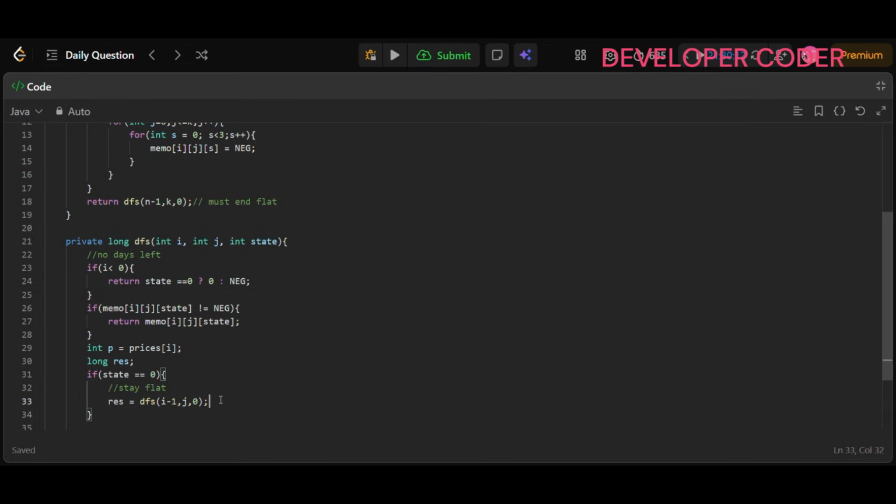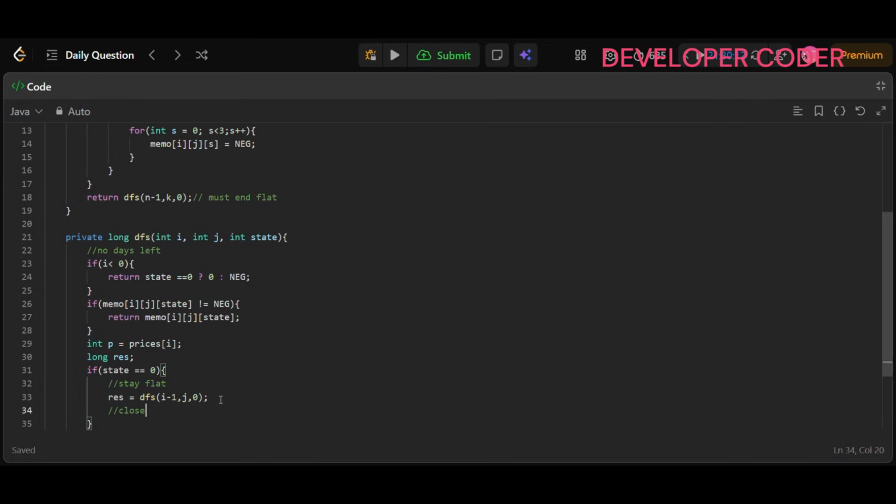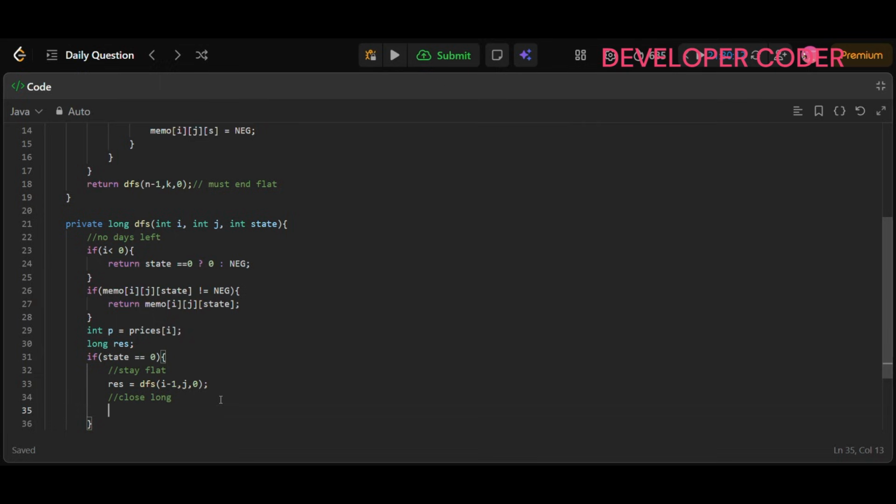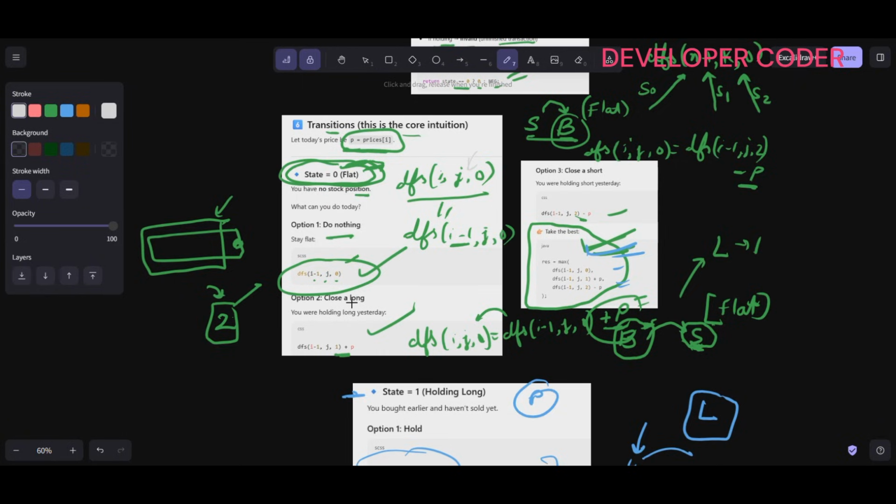Now if you close long, then your result is going to be math dot max of the result that you have calculated above, or if you close long. In this case I told you dfs of i, j, 0 is result equal to dfs of i minus 1, j, 1 plus p.